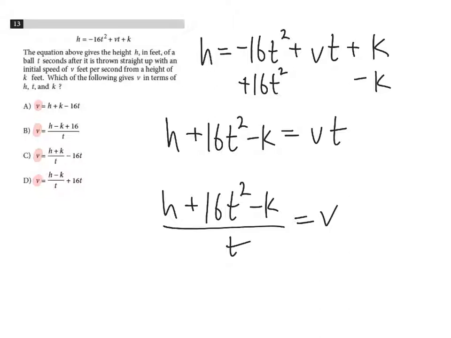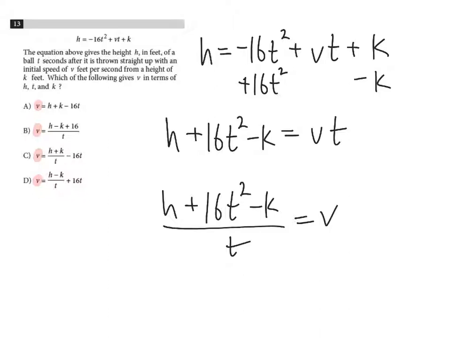Okay, well that does not look like our solutions. There's no squared term in any of the solutions, so I think we're going to need to separate this into two fractions to cancel out one of those t's.